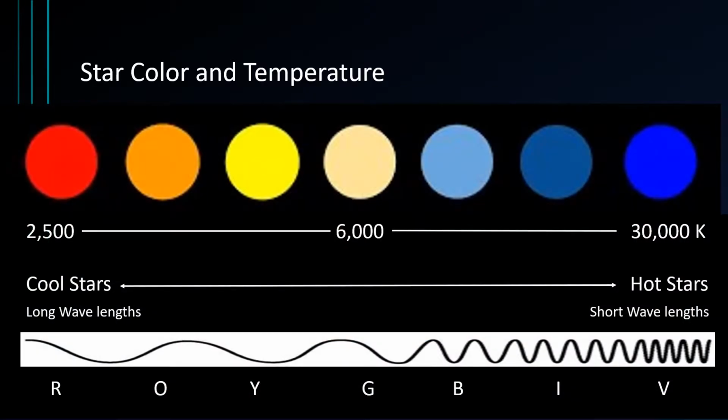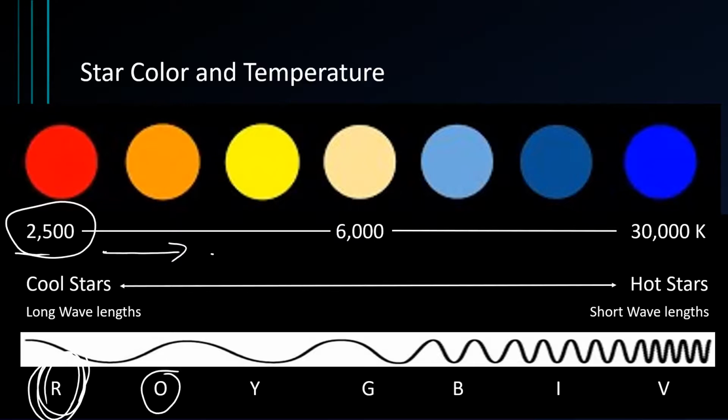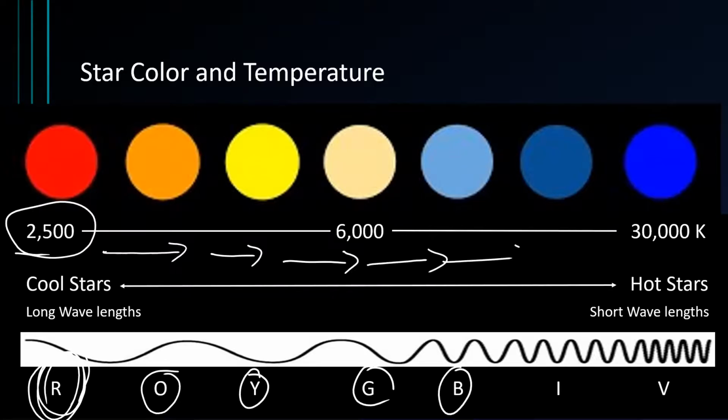And so we can see that represented here. Cooler stars like red stars, about 2500 Kelvin. That's really cool in comparison to other stars that we see. And so their wavelengths are going to show up red. And as temperature increases and our wavelengths get shorter, we'll start seeing different colors.